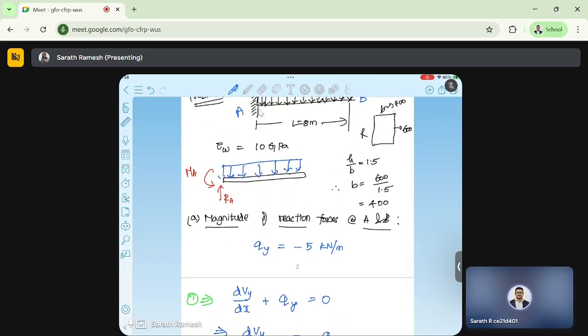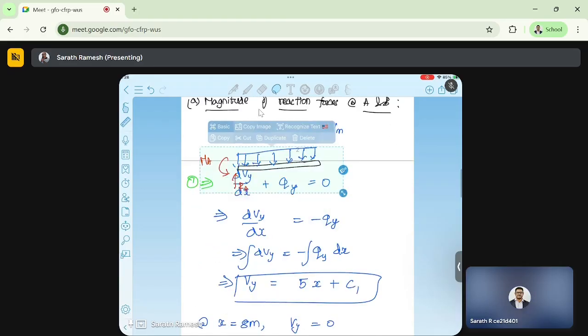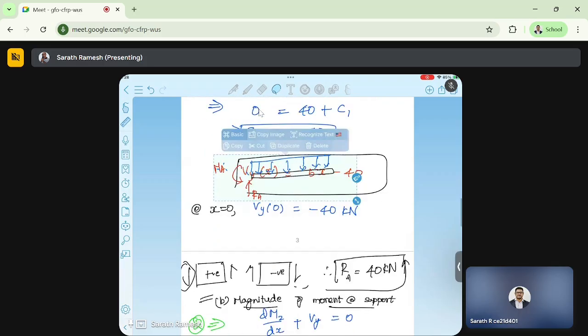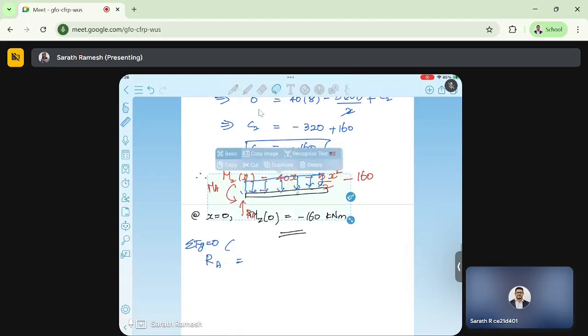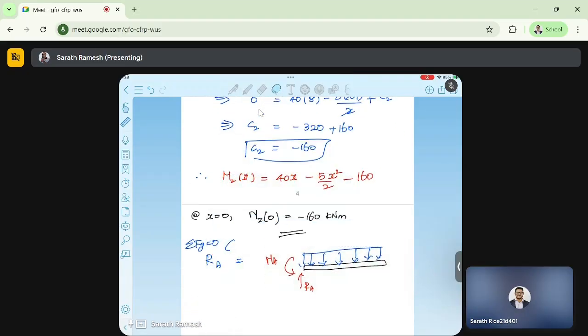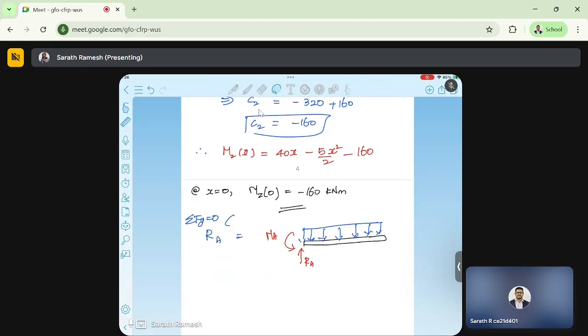Let me draw this free body diagram. From the free body diagram, RA will be equal to this 8 meters times 5 kilonewton per meter, so it is 40 kilonewton.